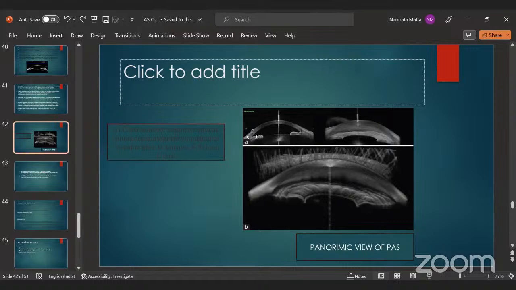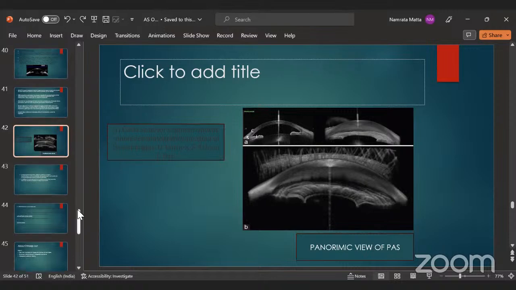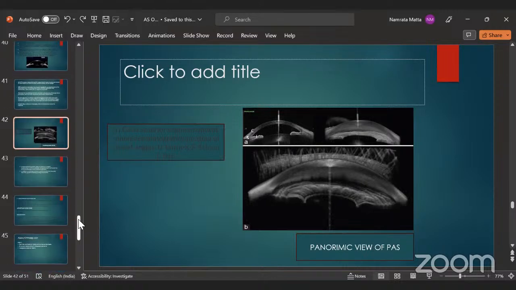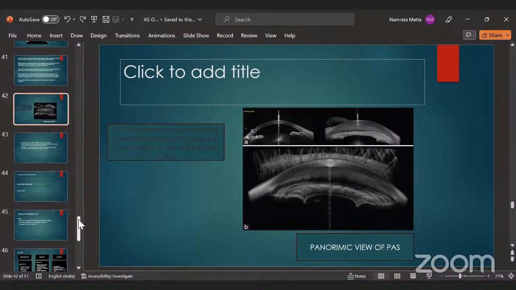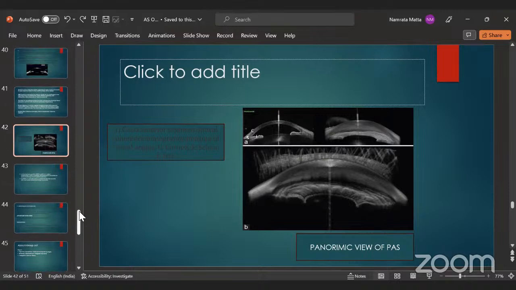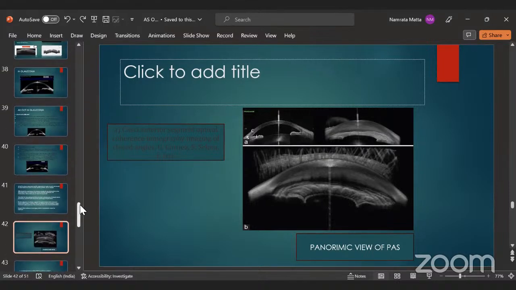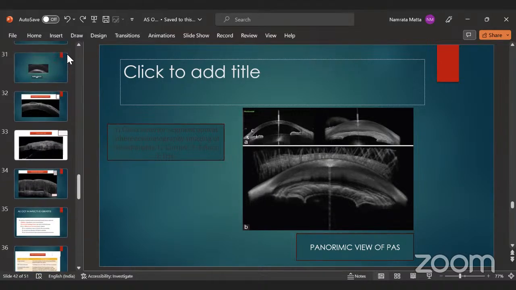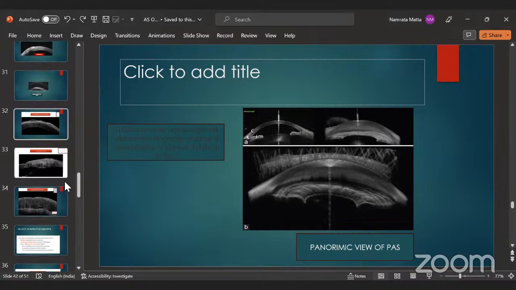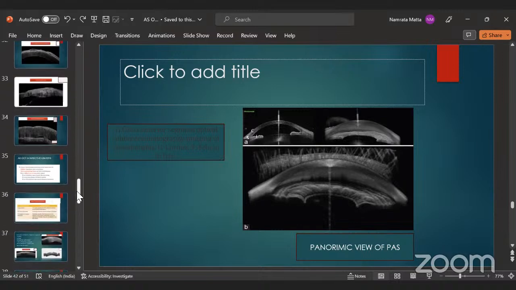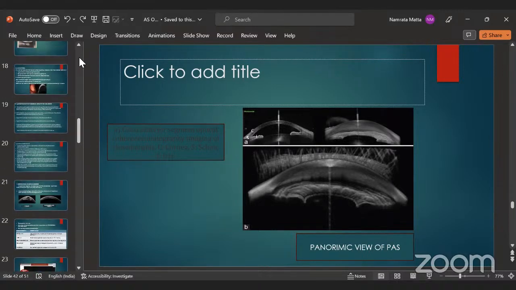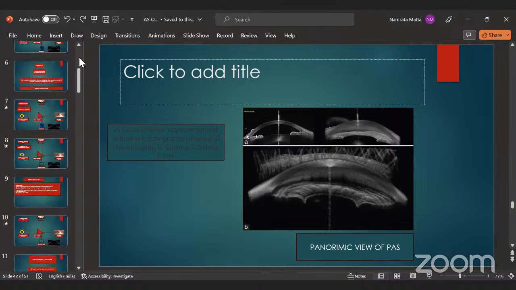Spectralis is time domain, sir. No, in our Kolhapur center, Spectralis is not time domain. Okay. What is the anterior segment OCT of Spectralis or Heidelberg?